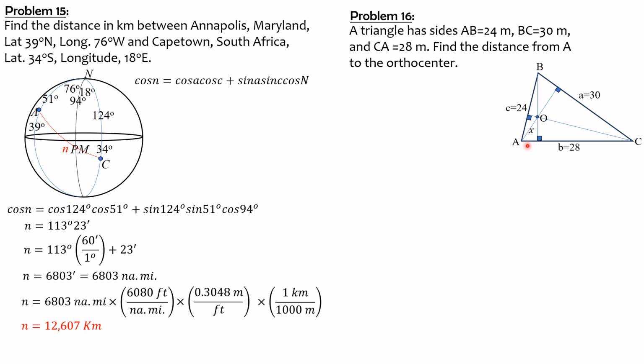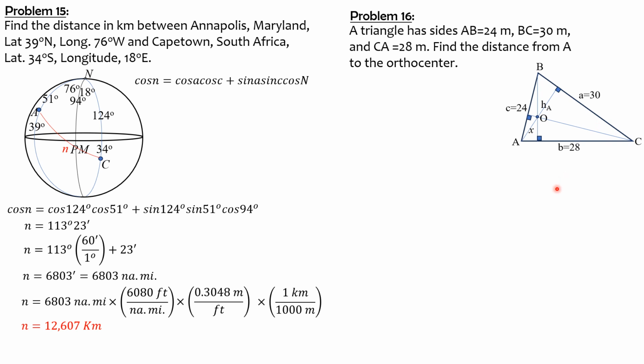We apply the law of cosines to solve for angle B. You may solve angle A if you want, but in this problem, my plan is to solve for angle B so that I can solve HA. This is the altitude through A, so I'll call that HA. Then later, this is H sub C. We can solve H sub C after we solve for angle B because it involves right triangles.